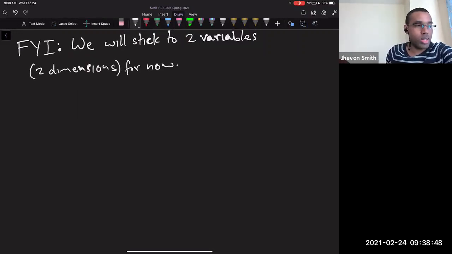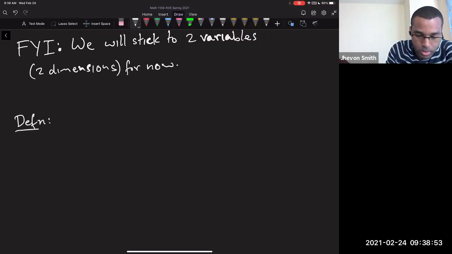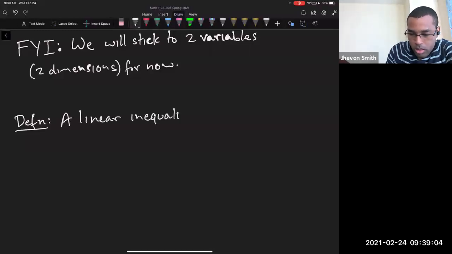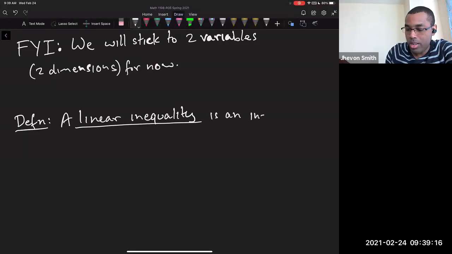Okay, so let's talk about the definition. A linear inequality is an inequality of one of the forms.